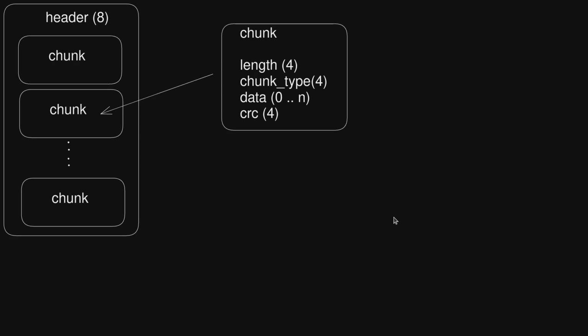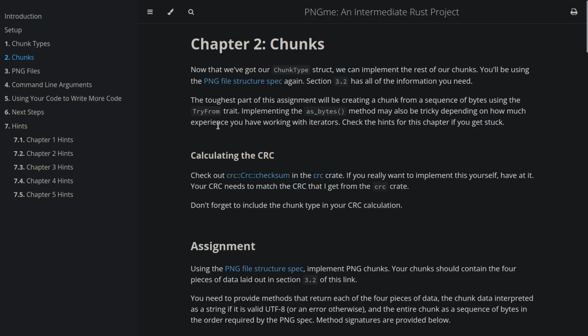All right, let's go back to the docs. Okay, we're at the proper chapter. We're going to have to use the CRC crate for the cyclic redundancy check. We could also code this on our own, but it's a bit complicated, so we'll just use the crate.